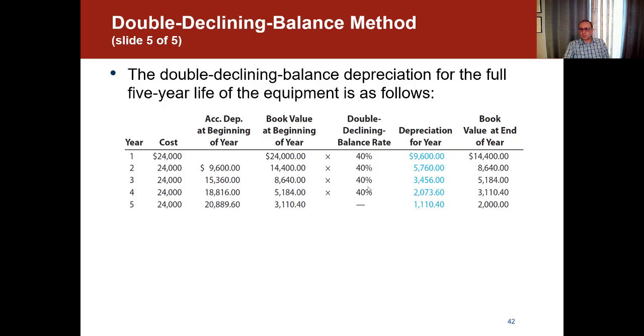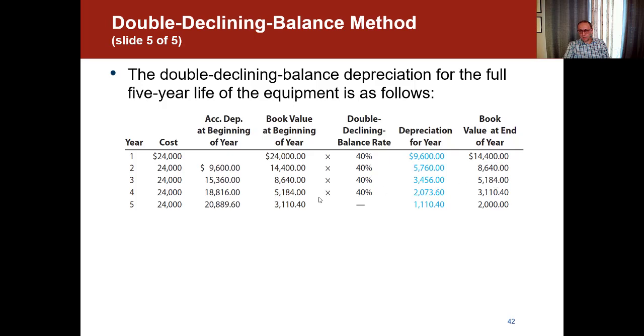Take the 8,640, multiply by 40% again. You can see that's 3,456. And then if you deduct the 3,456 from the book value, that would give you the new book value, which is 5,184. And then this is going to be our beginning book value of the year.